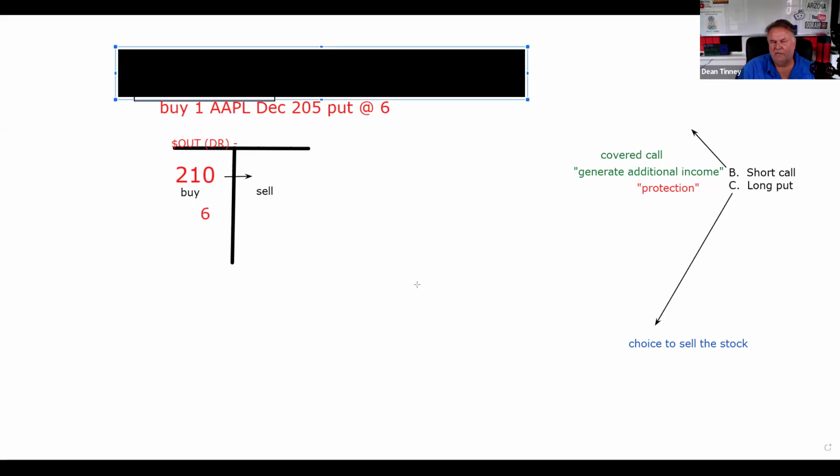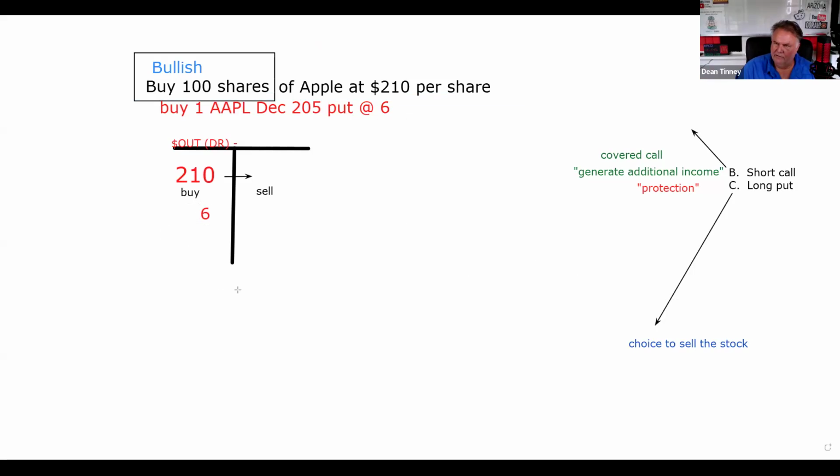My max loss is the $600, the 6 points. I'm a bear and I want the stock to go to 0. This is not an option position. This is a stock position. And when you have stock and options, you cannot let the option tail wag the stock dog.